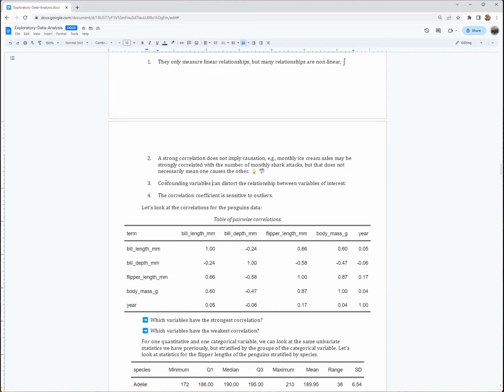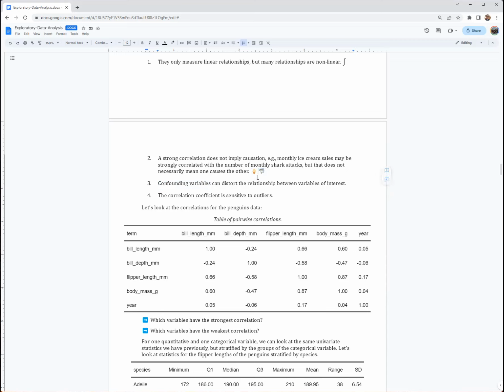So confounding, sometimes like in this case, using some common sense, it's very clear that there's a confounding variable. But unfortunately, it's not always clear when you're analyzing data that you have one or multiple confounding variables present.